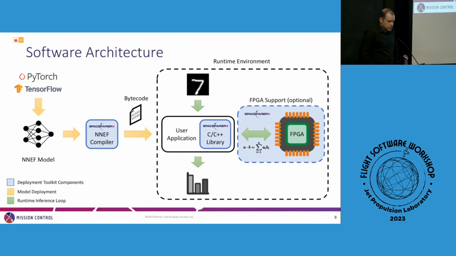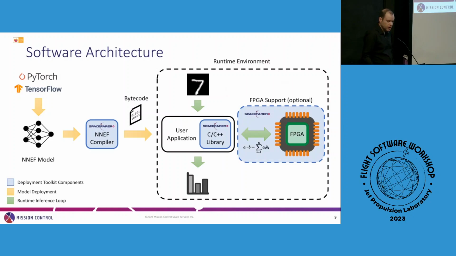So that's one part. Whenever you have a new model you need to recompile it using the compiler, and then when that's ready, you run that on the board or on our platform using our runtime environment, which is the second part of our toolkit. It has two parts.